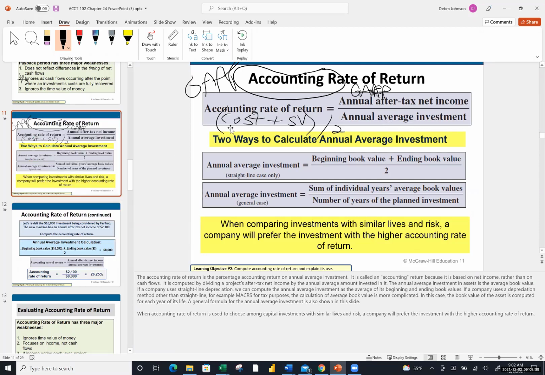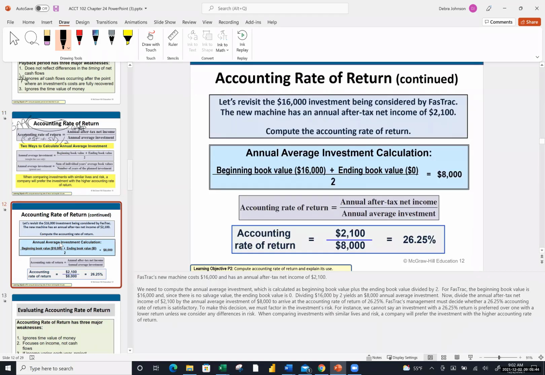And so let me just bring up one more slide on how to calculate it. But again, I think this will make a whole lot more sense when we do it ourselves. And there was that $16,000 investment that they were looking at. So if we use the beginning book value, that's the cost. There is no salvage, that would be 0. And we divide by 2, that would give us an average investment here of $8,000.